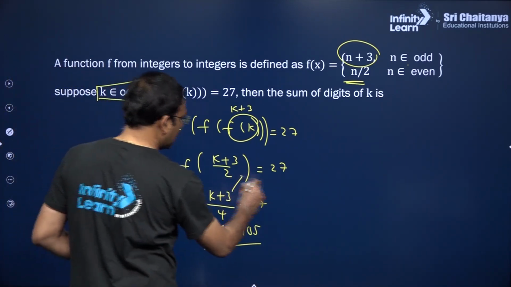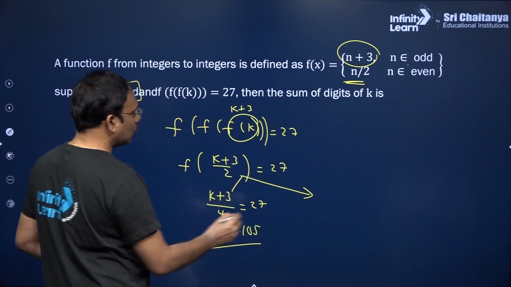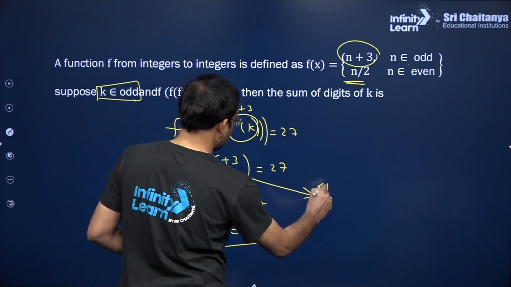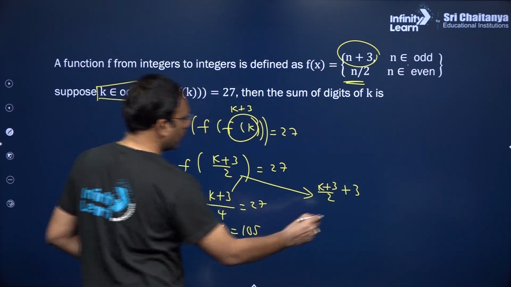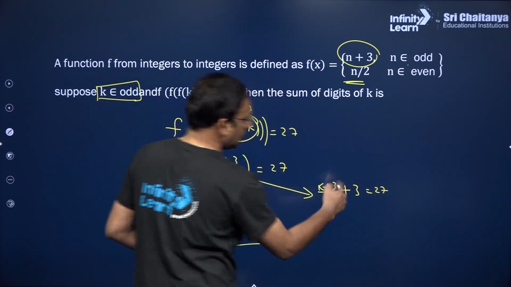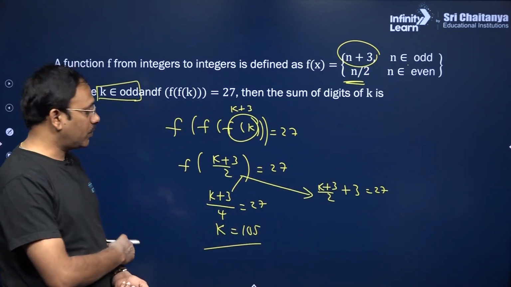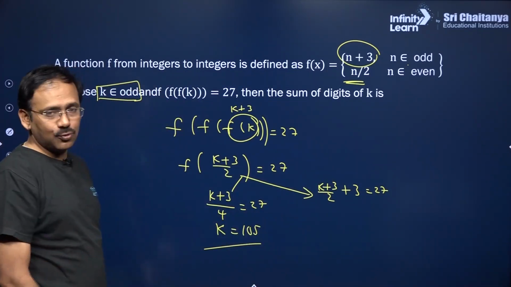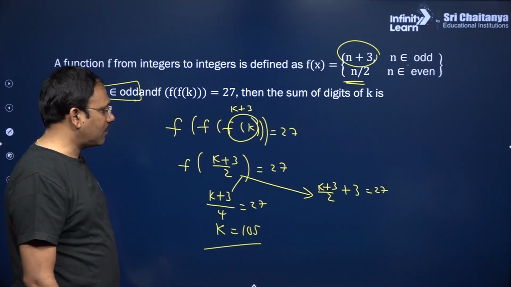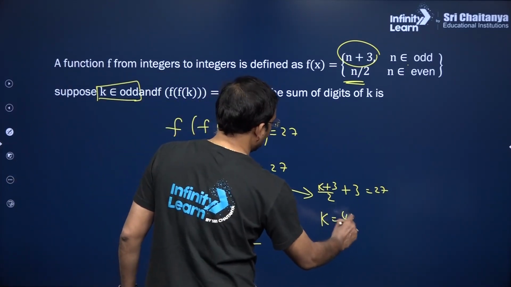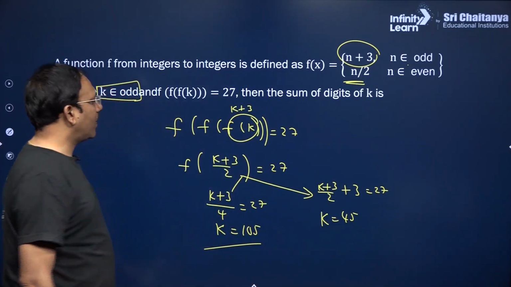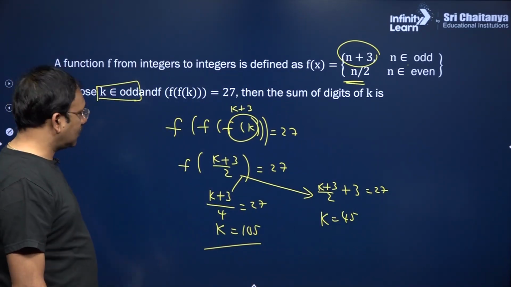Suppose k plus 3 by 2 is odd, so you are going to get k plus 3 by 2 plus 3 is going to be 27. So 27 minus 3 is going to be 24, 24 into 2 is going to be 48, minus 3, k is 45. You just check with k is equal to 45 in reverse order; you may not get the 27 one.